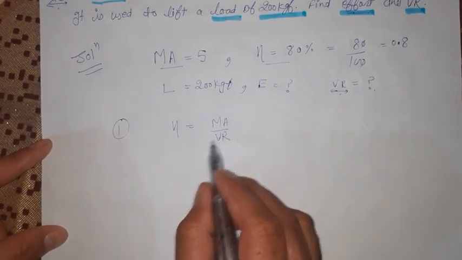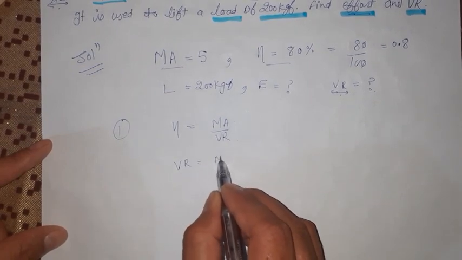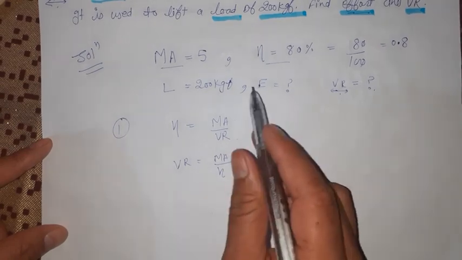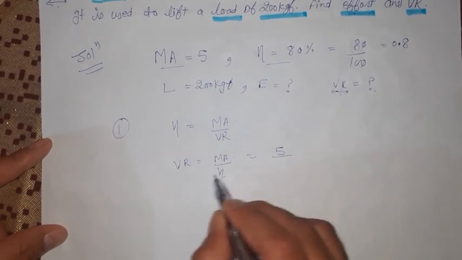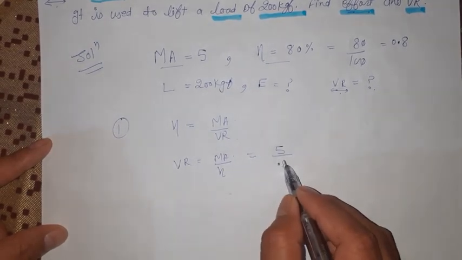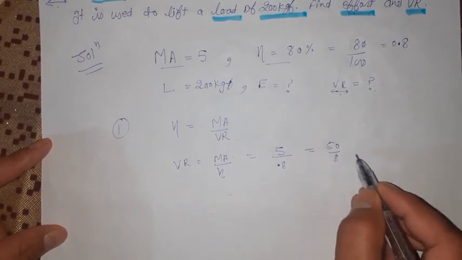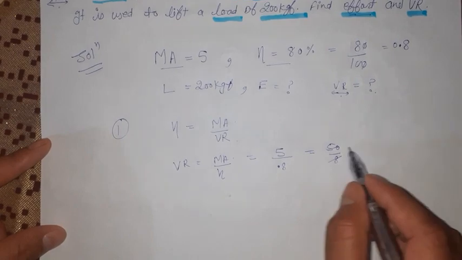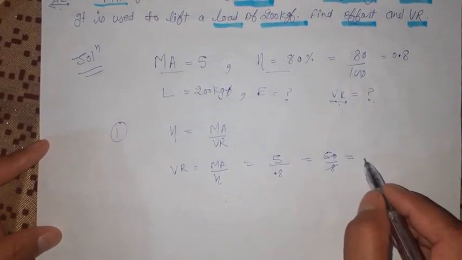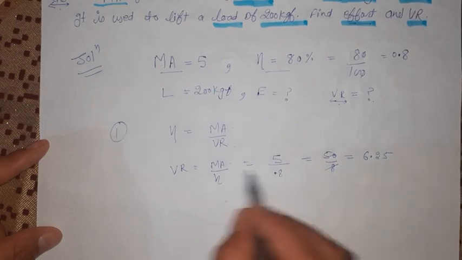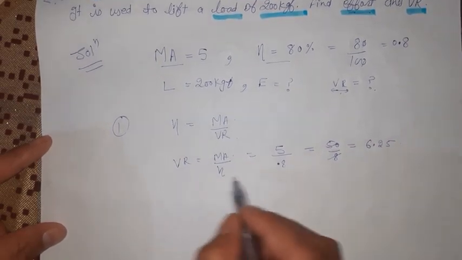So velocity ratio will be mechanical advantage to efficiency, which is 5 upon 0.8. If the decimal is removed, then it will be 50 by 8, which in turn is equal to 6.25. So this is the velocity ratio.